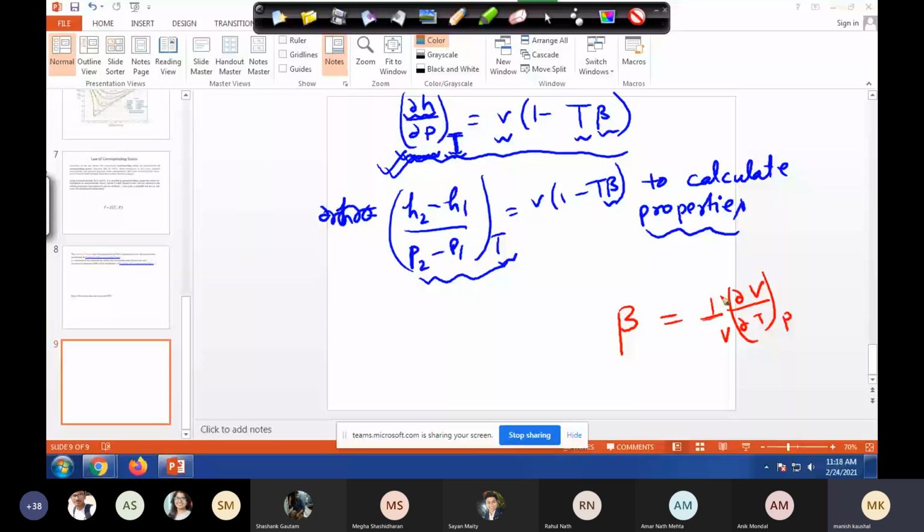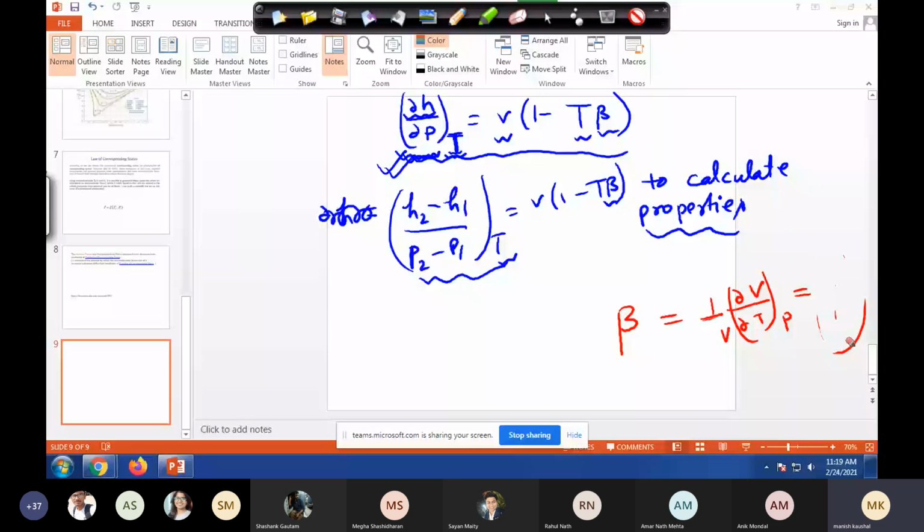Just say PV equals RT. 1 by T, correct. Dimension-wise it should be 1 by T.